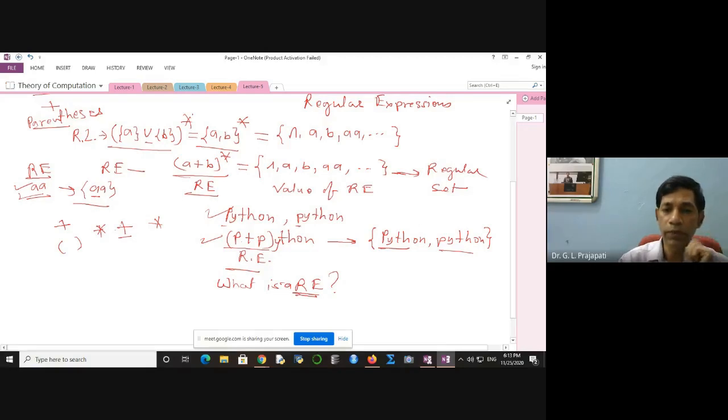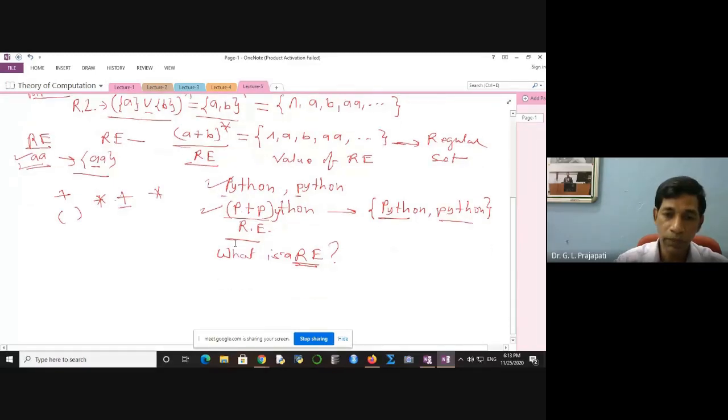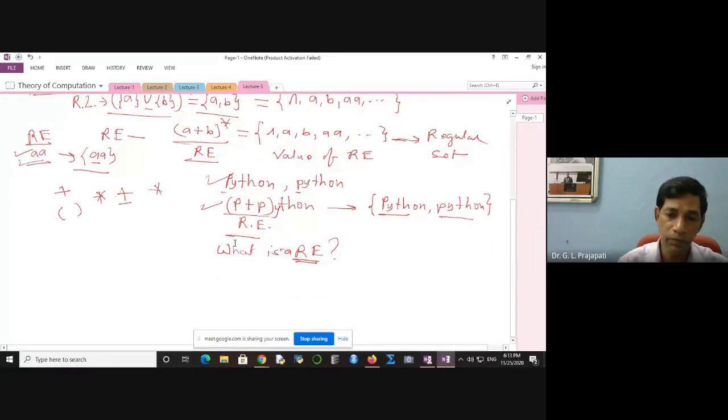With the help of the regular expression, we refer to a set which contains the strings described by the regular expression. It is a formula which can be used for describing a set of strings.